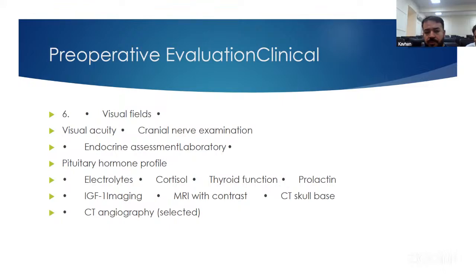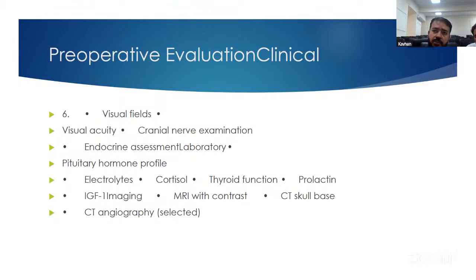And the third thing, which is very important in this patient, and which we were doing in Lahore but not at the time being in Afghanistan, is the endocrinologist, which is mandatory. We have to do a pre-op consult and post-op consultation with him. So for the endocrine assessment laboratory, all the pituitary hormonal profile, like electrolytes, cortisol, thyroid function test, prolactin, IGF-1, and everything.